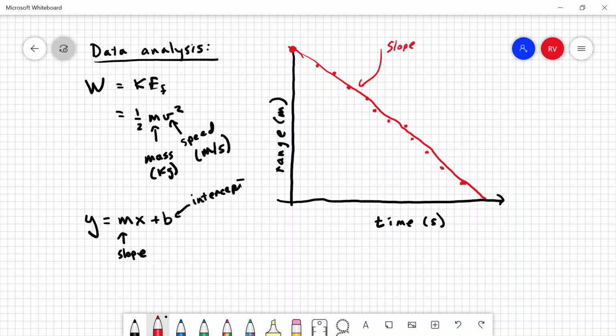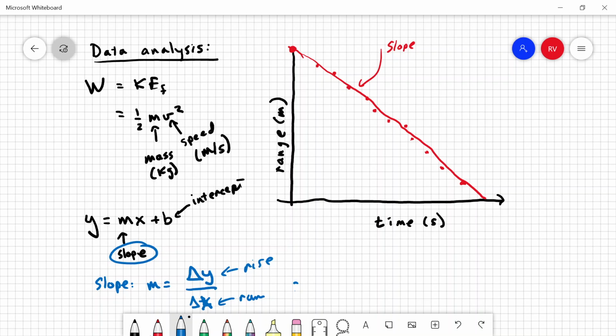For the moment, I want to focus on the slope. We said the definition of slope was the rise, in other words the amount that the y value changes, divided by the run. So this is rise, and this is run: delta y over delta x.